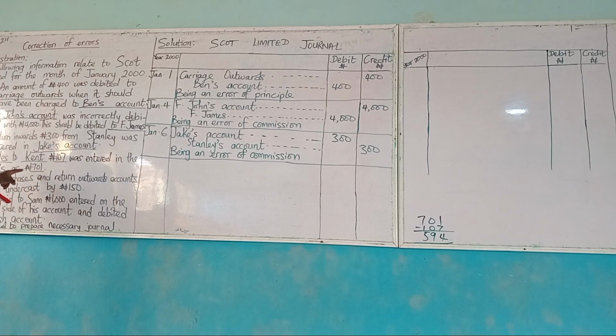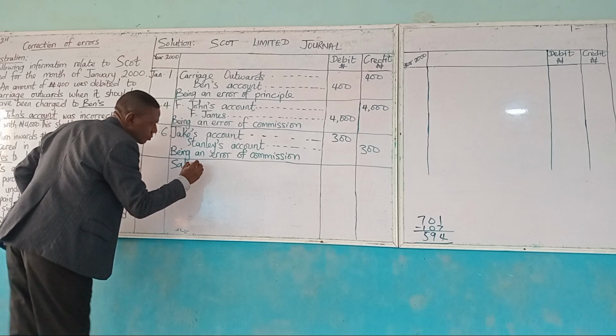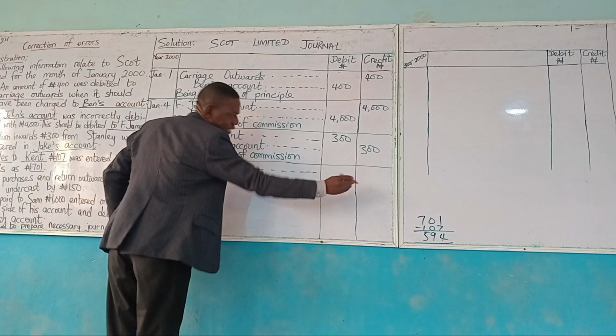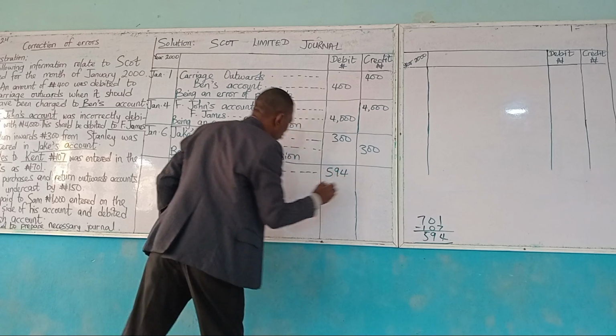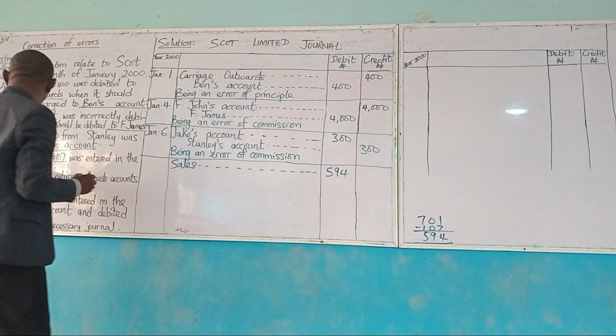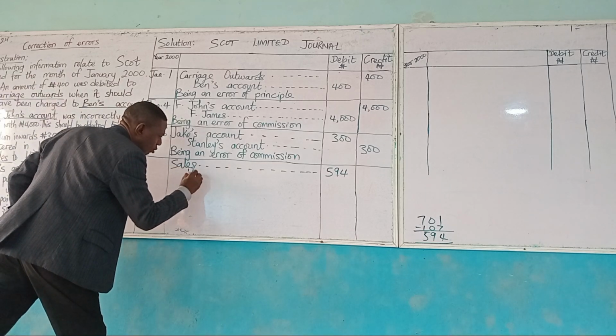So sales account must now be debited with this figure, 594. Why credit account also?